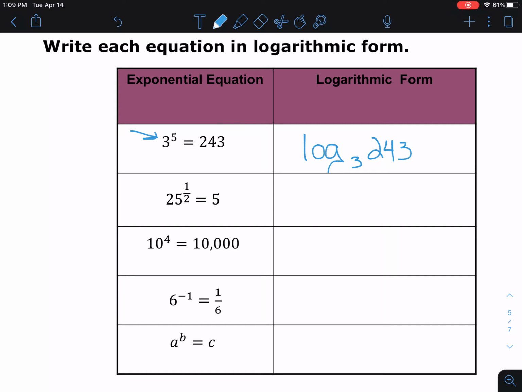Okay, and then your exponent over here is 5. That's what should be equal in your logarithmic form. Now notice 5, 243, and log are all kind of on the same level. When you write these, I want you to be careful with that and write it the same way. So take your time.